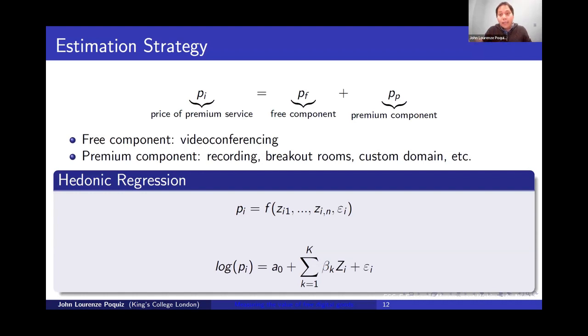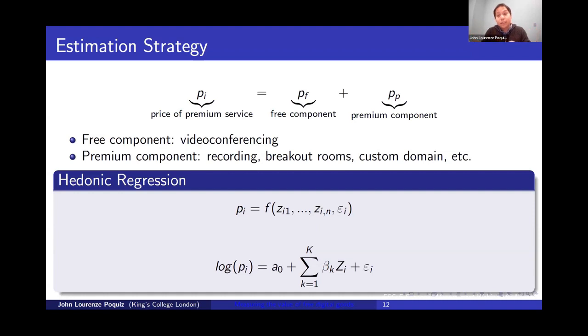So how do we estimate the hedonic regression? We can just estimate it using a linear regression, usually OLS. We can express the log of the price, or maybe just the price, as a function of the characteristics or the different attributes of these services.